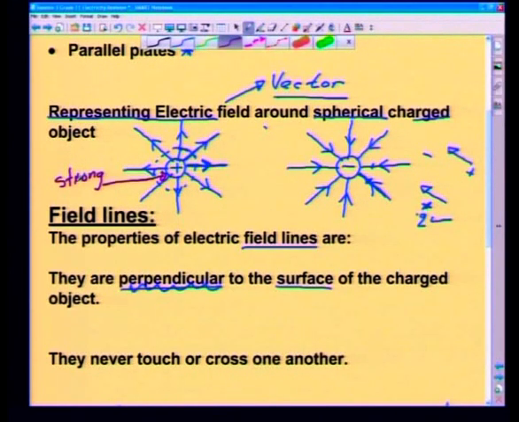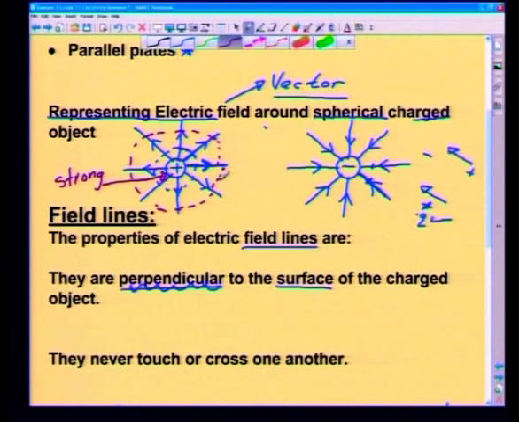In the same way, we can explain what happens as you move further away from the charge. As you move further away from the charge, look at what is happening. The distance between the field lines increases. So they are farther apart from each other on the periphery, in that part of your field.